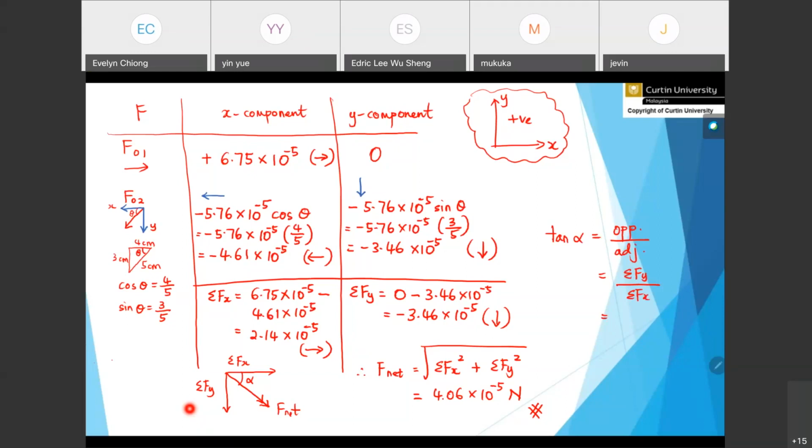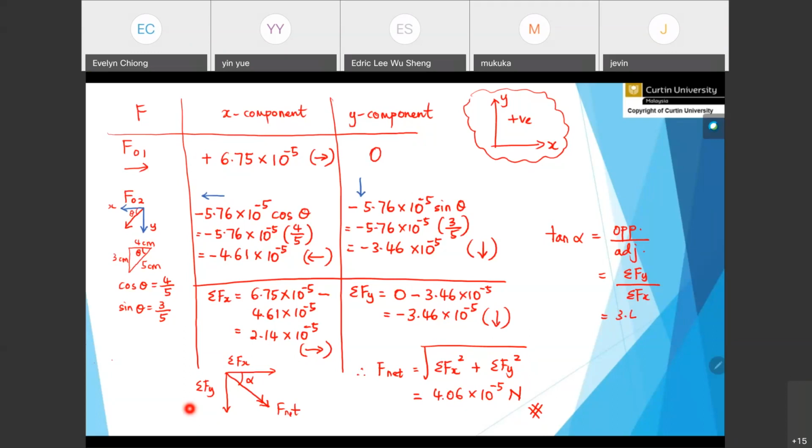Okay, so when you are calculating the angle, you can ignore the negative sign. Just calculate, get the angle, then later from the positive and the negative, I have already shown you which direction it is pointing, so you can know where the angle is located. So when you are calculating to determine the angle, ignore the positive or the negative sign. Just get the magnitude.